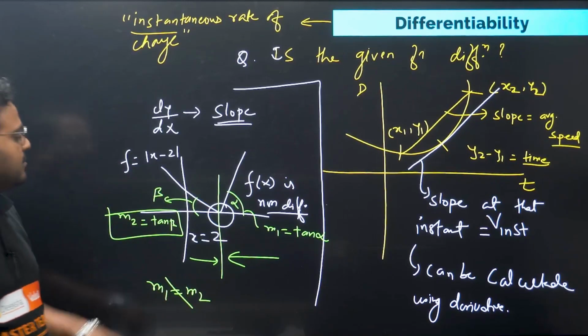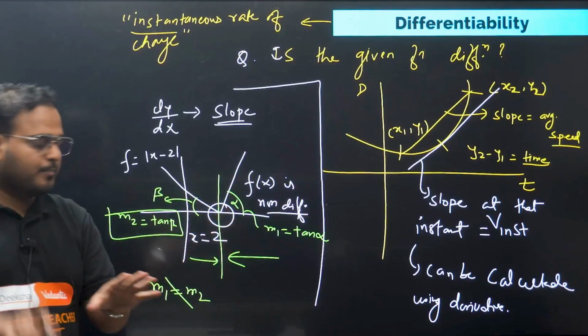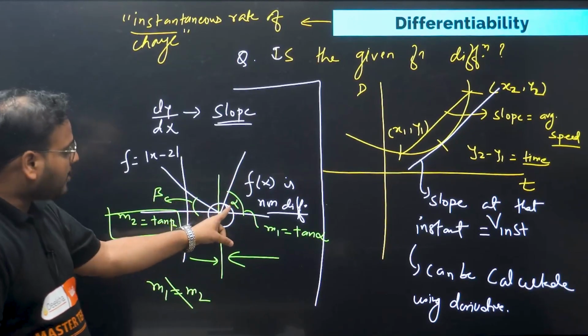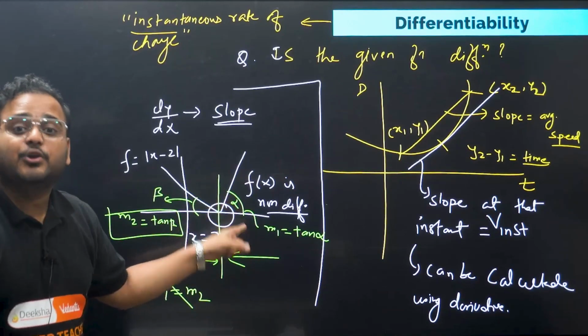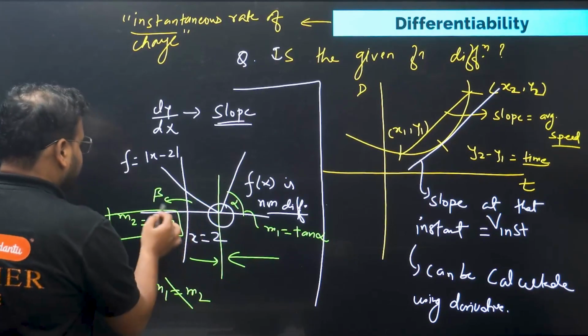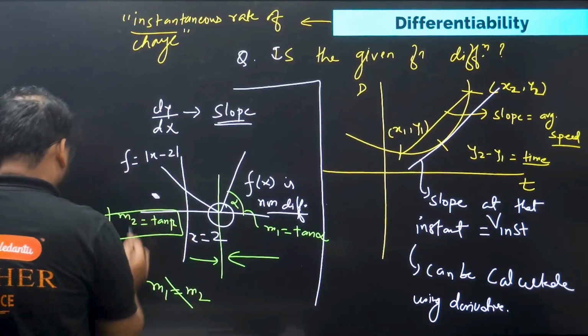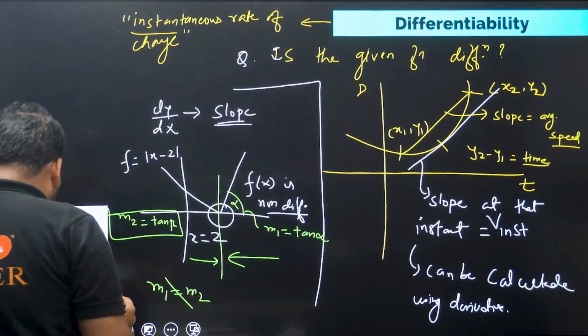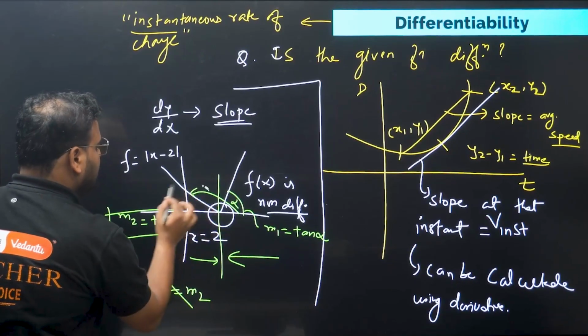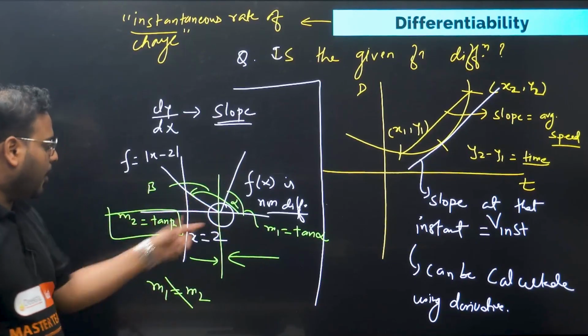The reason is very simple, because this is a positive slope and this is a negative slope. How positive? The angle alpha is acute over here. Sorry, I made a mistake over here. I had taken this as beta, that's incorrect. This is the angle for this line, the obtuse angle, and this is your beta.